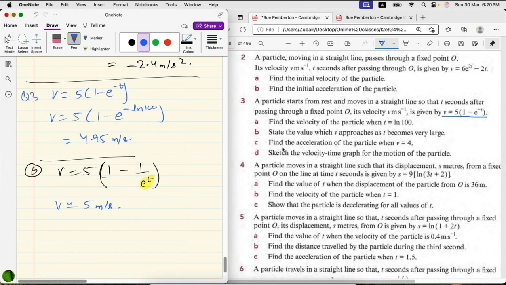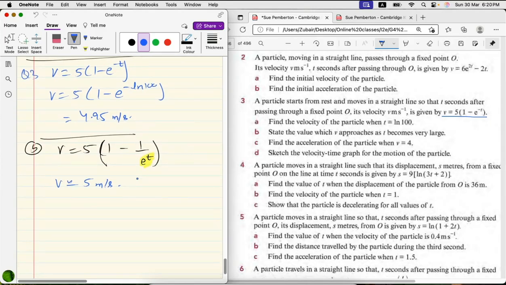C part. Find the acceleration of the particle when v is 4. Differentiation of velocity will give us acceleration. V equals 5 into (1 minus e raised to power minus t). Acceleration is dv by dt.